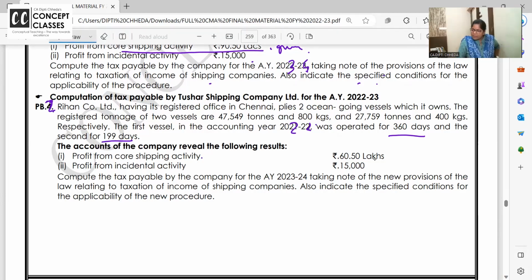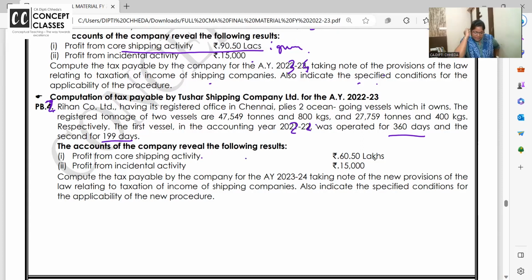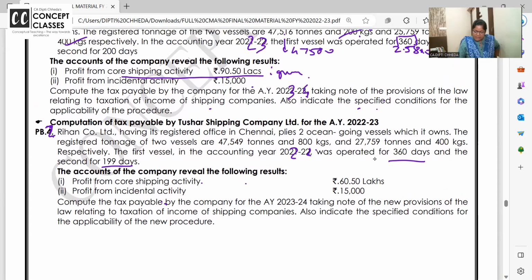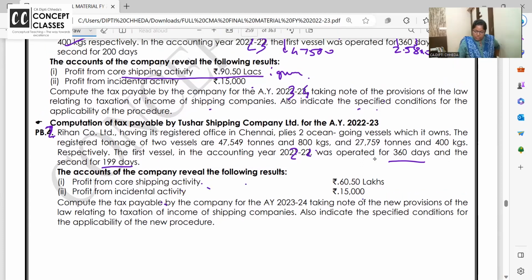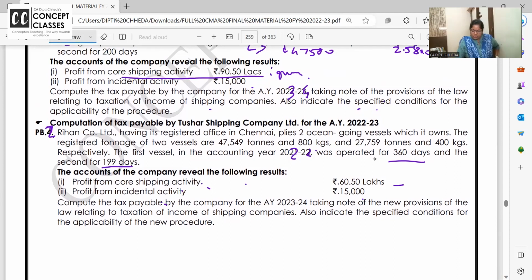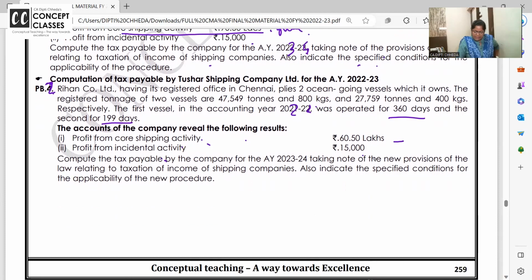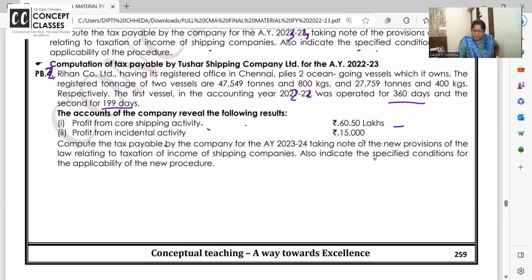The accounts of the company reveal the following results. The profit from the core shipping is 60.5 lakhs and profit from incidental shipping is 15,000. तो core shipping company का profit है कुछ, but ignore करना है and compute the tax payable, taking into note the new provisions and law.